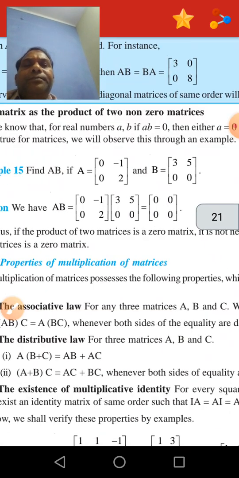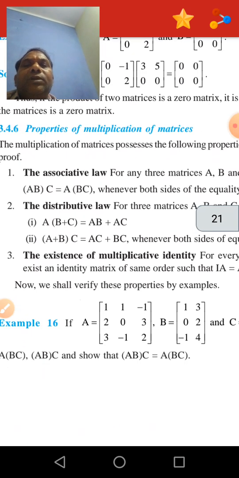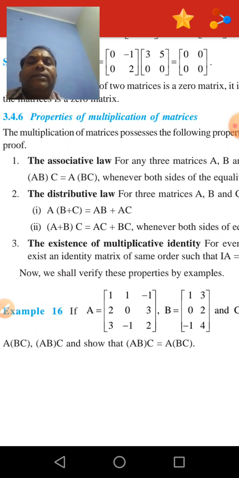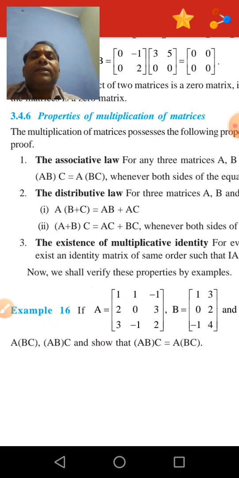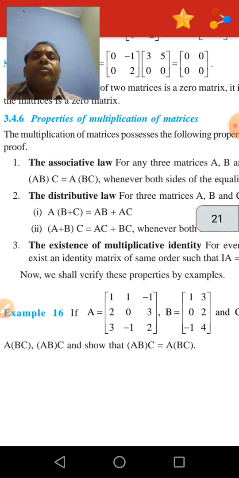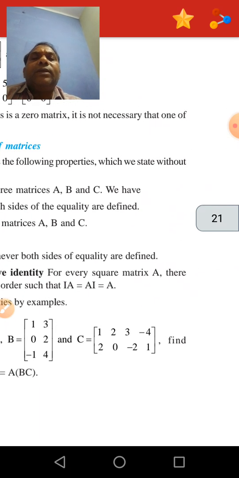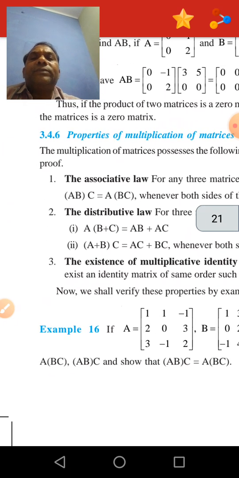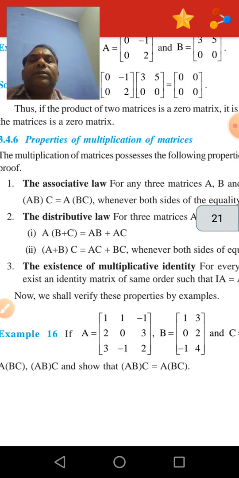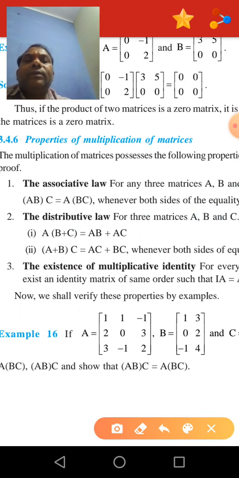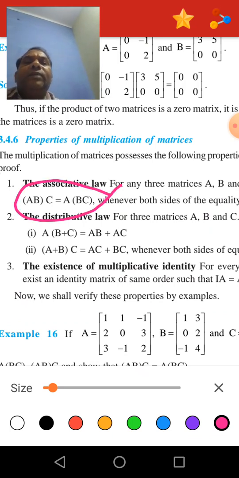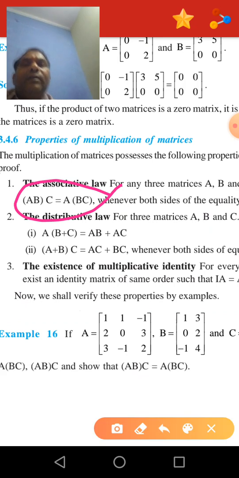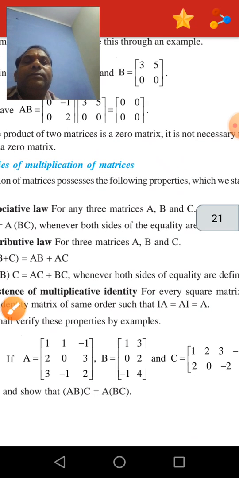Now, properties of multiplication of matrices. Multiplication of matrices possesses the following properties, which we state without proof. First, the associative law: (AB) into C is equal to A into (BC), where A, B and C are three matrices.